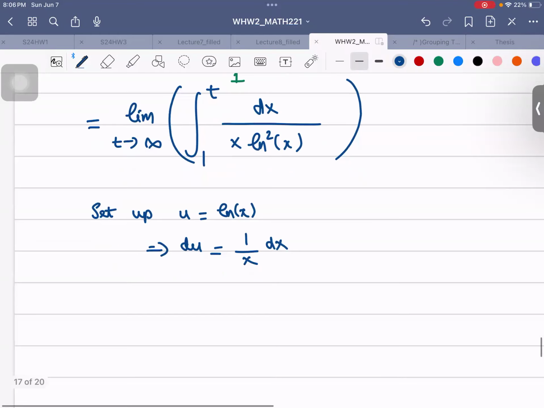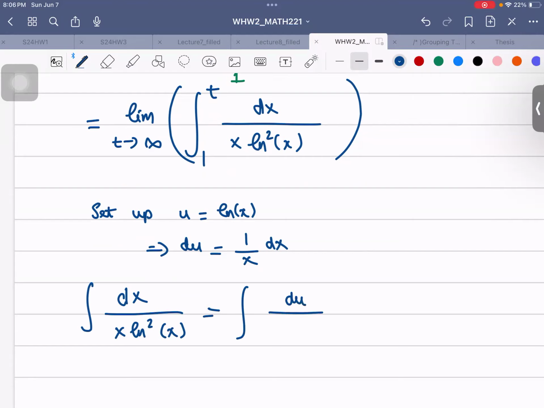That means the integration that you have over here is du divided by u squared, because dx over x is du and ln squared is u squared.